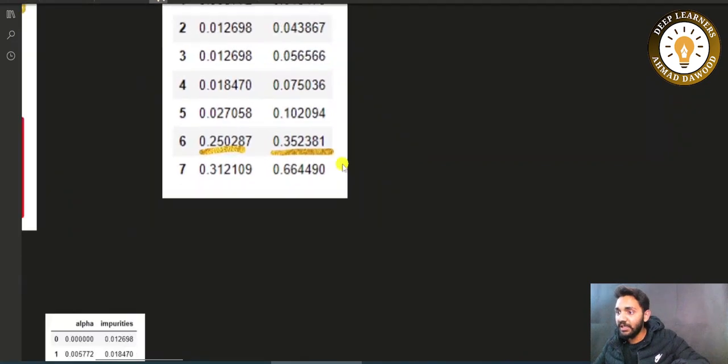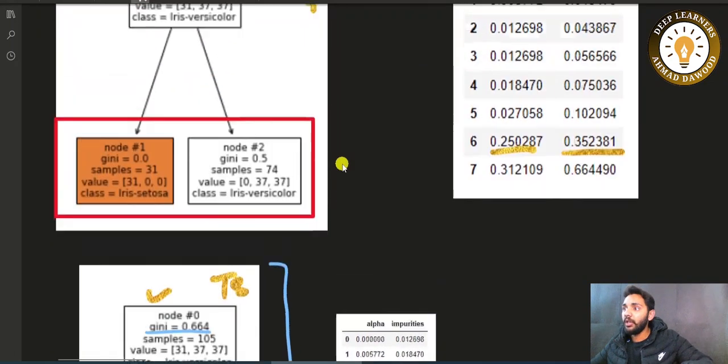And here you can see at the end you will get the root node. Root node always have the Gini impurity of the whole data set, which is 0.664, and here you can also see you have the impurity 0.664. Okay, so we will ignore that because it is just the root node. So how many trees we have total?